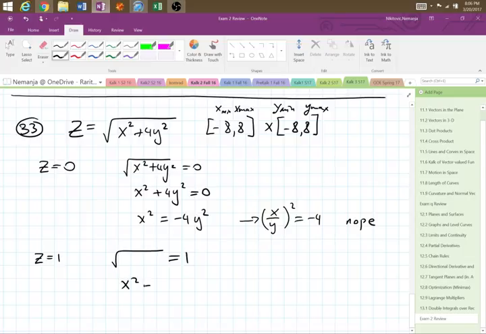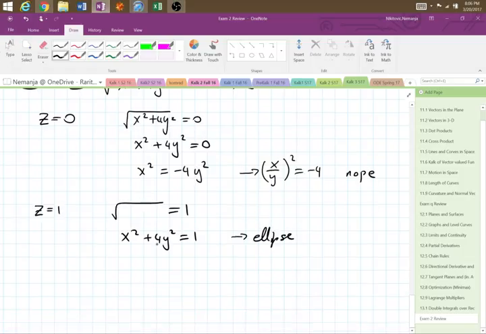So x squared plus 4y squared is equal to 1. And this is an ellipse. I hope you see this is an ellipse, because you can write it as x squared over 1 squared plus y squared over 1/4 squared equals 1.